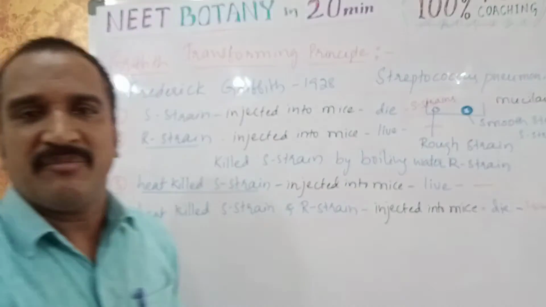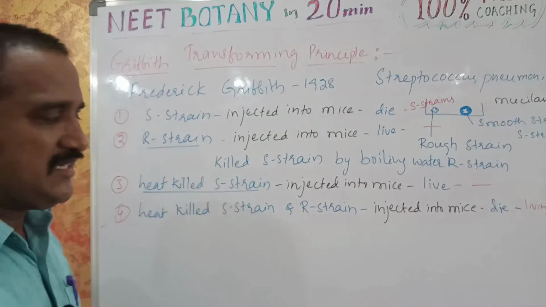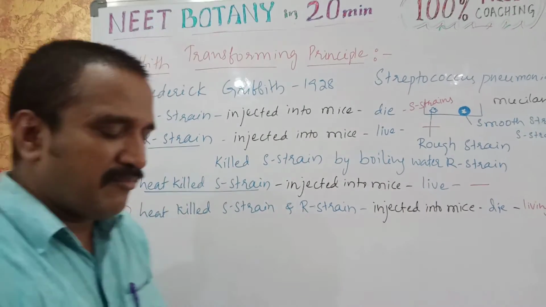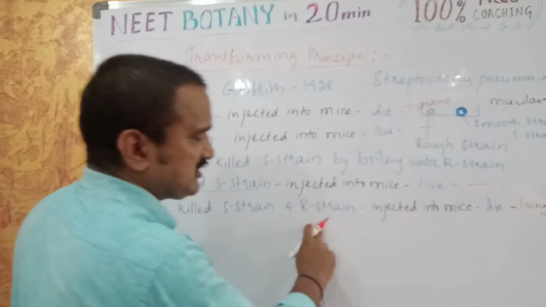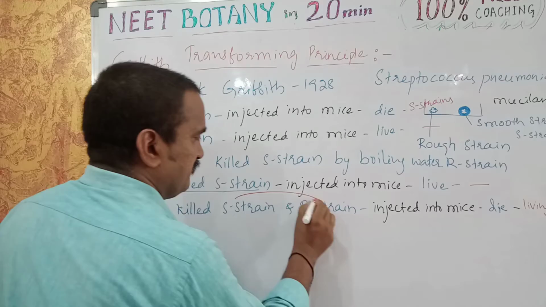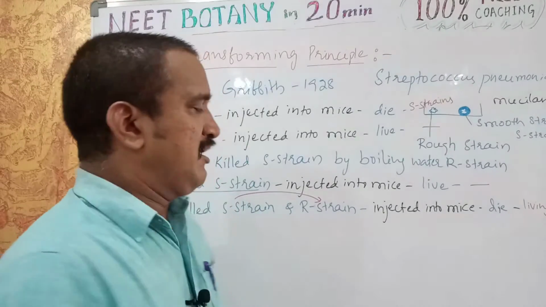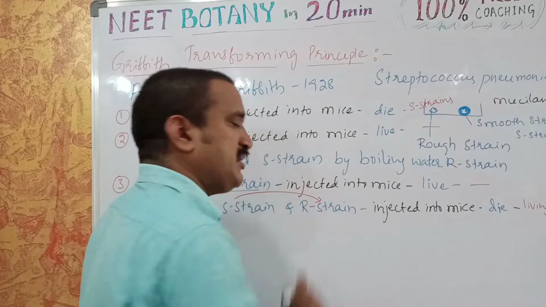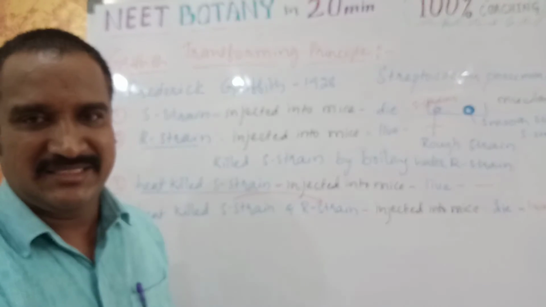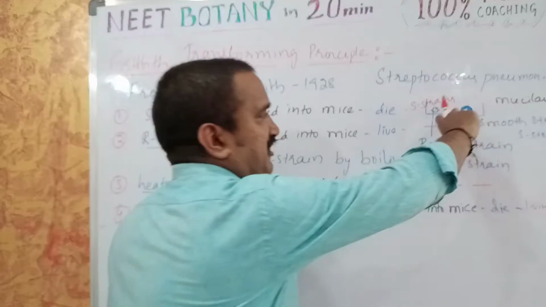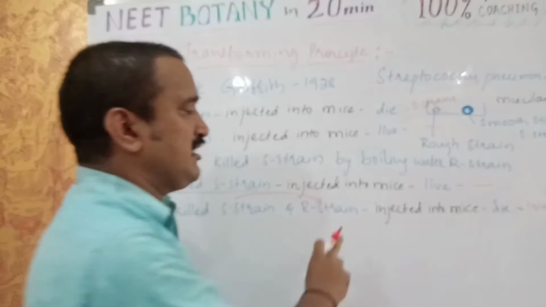How was it formed? Griffith said that some material was transformed from the heat-killed S strain to the R strain. When this important material is transformed into the R strain, the R strain becomes S strain, forming the extra coat.